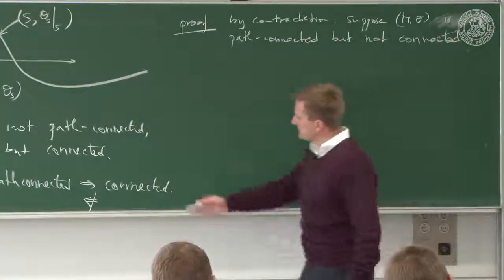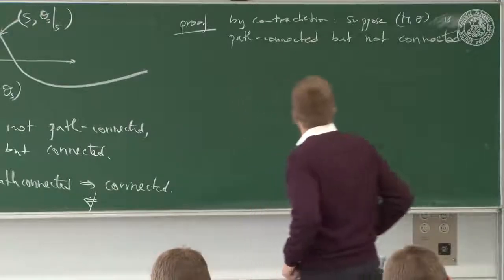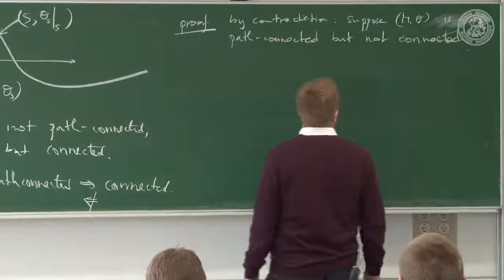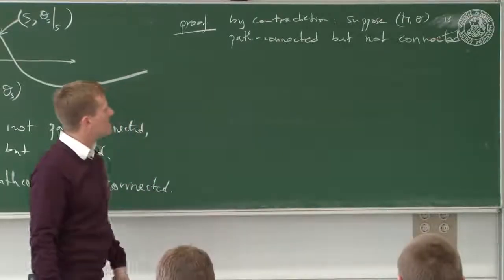That would be in direct contradiction to this theorem, and we want to derive a contradiction from this. (M, O) is path connected but not connected.